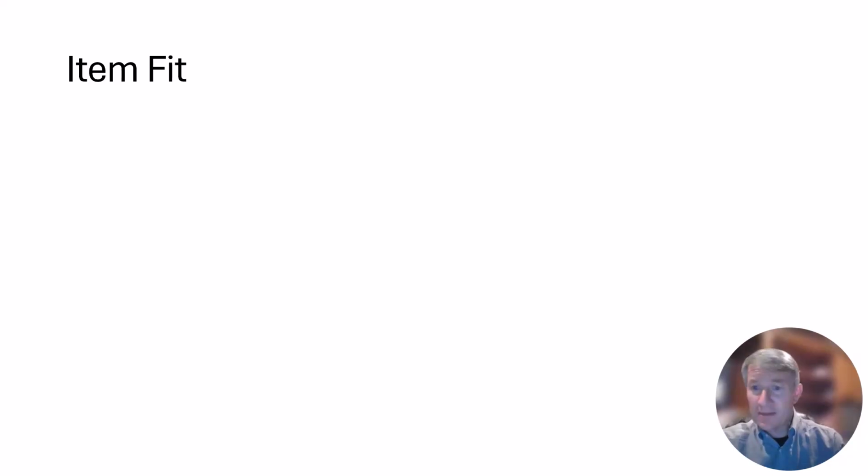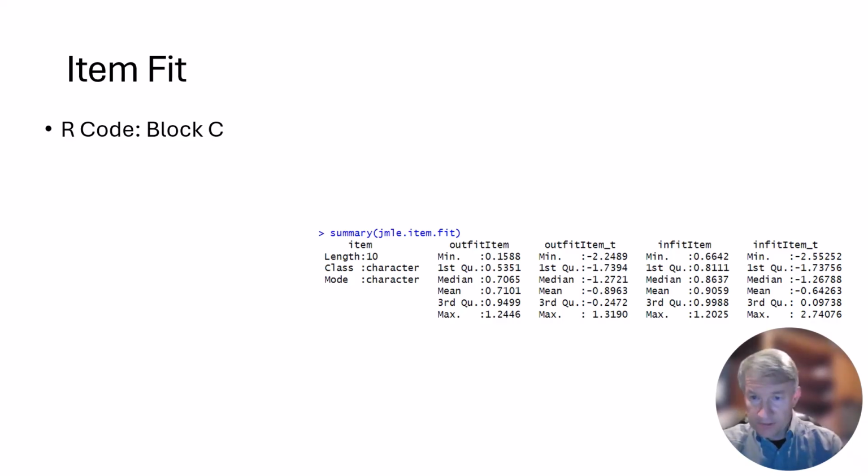To generate item fit information in R, we'll want to access the syntax file and run block C of code. The output produced by block C will include some summary statistics for item fit. In particular, we'll see that the average outfit of the items is 0.71, and the average infit of the items is 0.91 approximately.